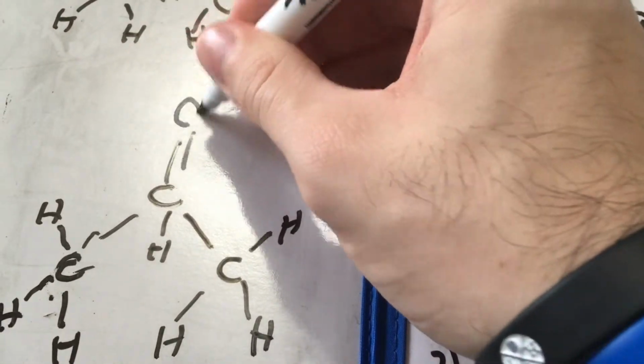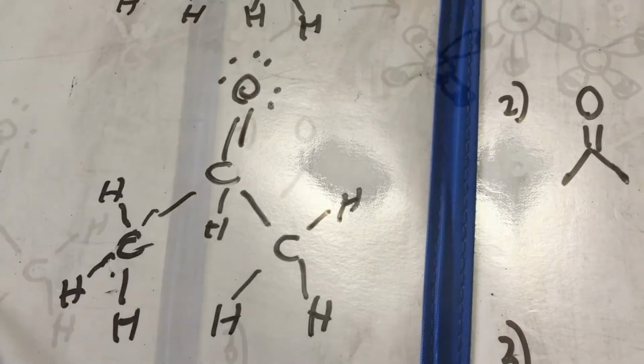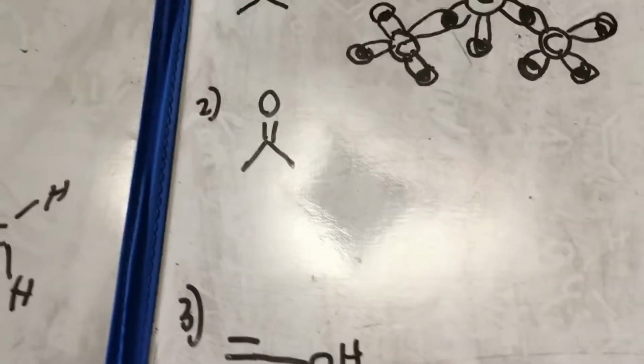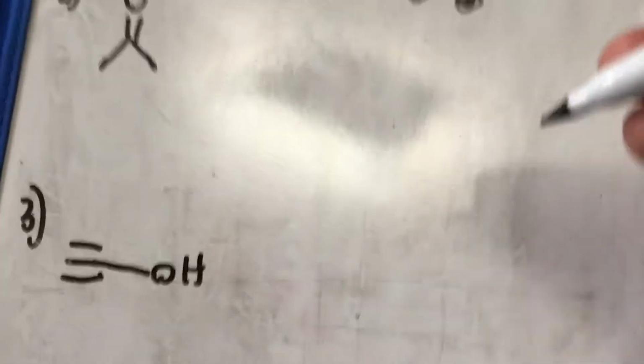And double bonded to this oxygen that has 6 electrons. So now we're going to use this information and we're going to apply it here.